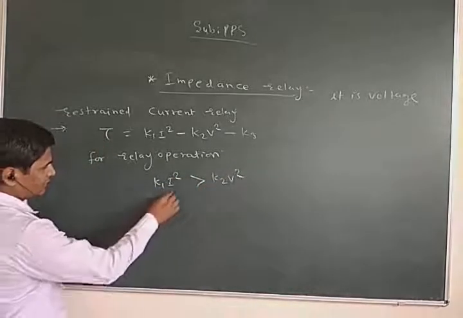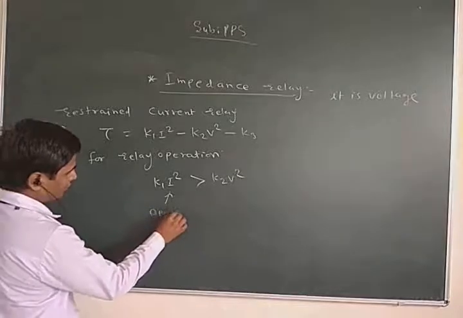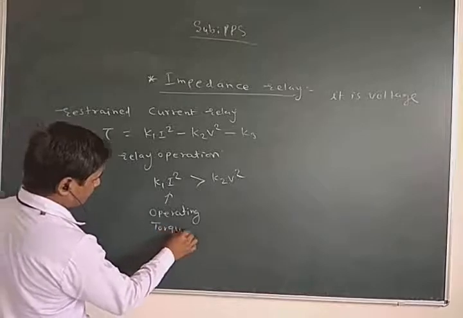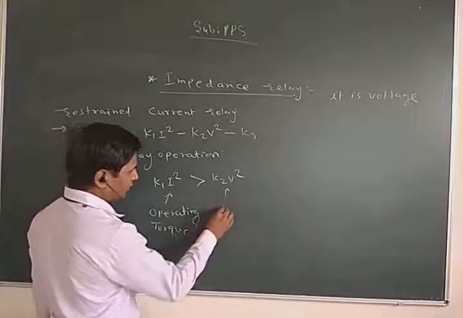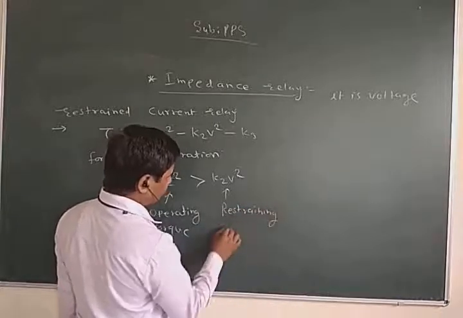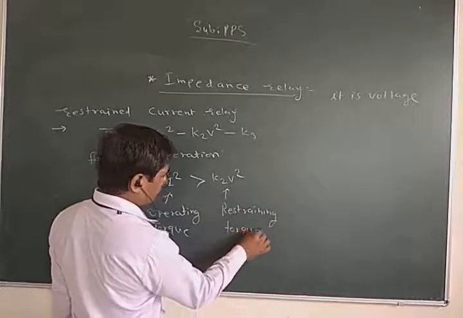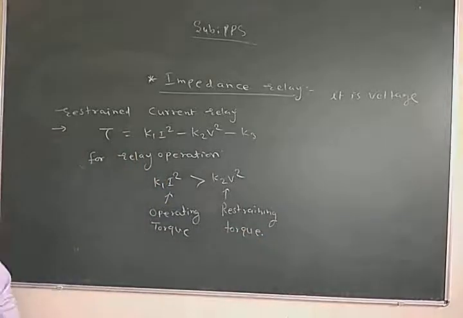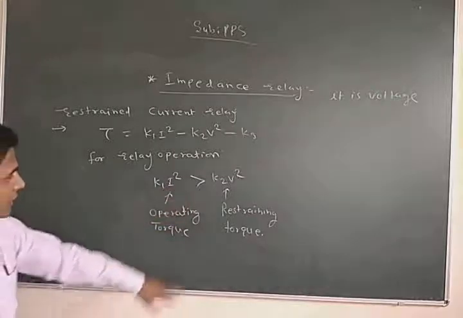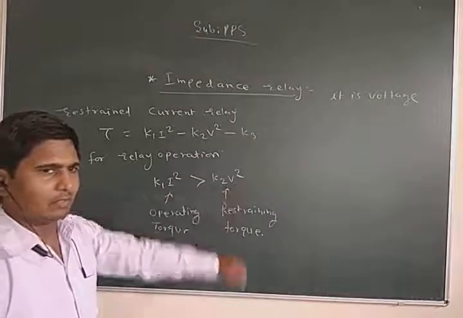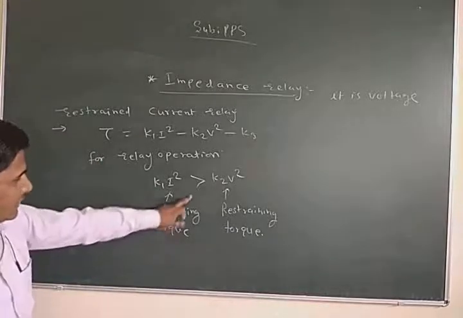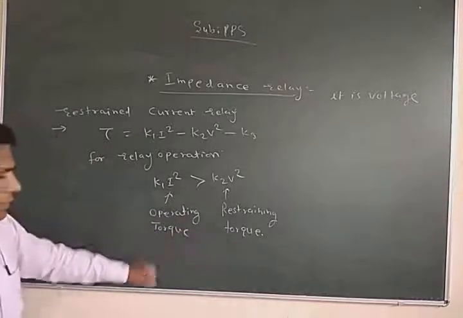Means this is the operating torque and this is the restraining torque. So in this type of relay, the operating torque is provided by the current quantity and the restraining torque is provided by the voltage quantity. The relay will operate when the operating torque is greater than the restraining torque.